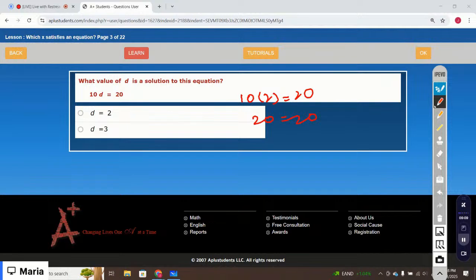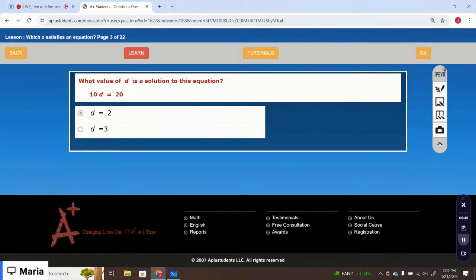We can do this question with another method, that is the reverse operation method. The correct option is option number 1, that is d equals 2.